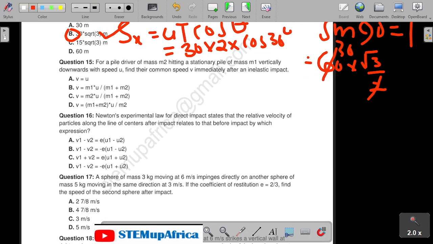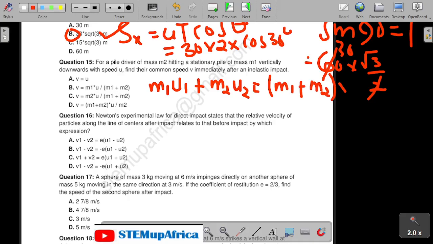Number 15. It says for a pile driver of mass m2 hitting a stationary pile of mass m1 vertically downward with velocity u, find the common velocity if it's an inelastic impact. For inelastic, you're going to have m1u1 plus m2u2 equals m1 plus m2 bracket v.